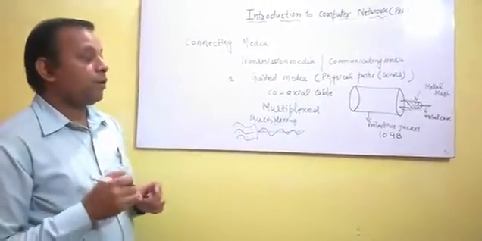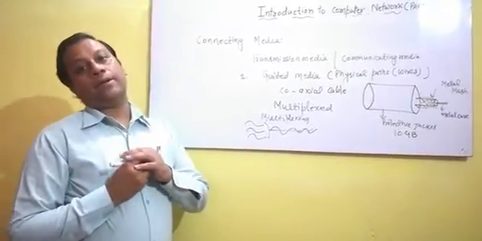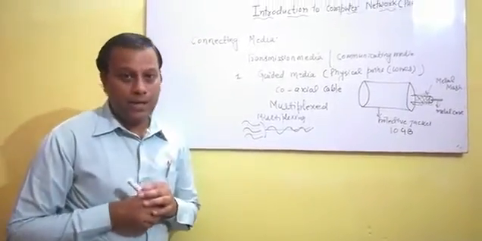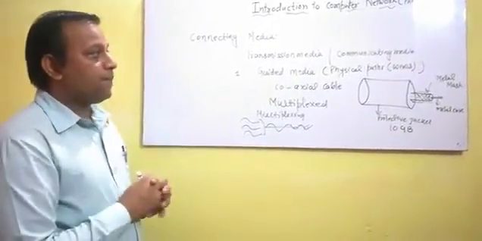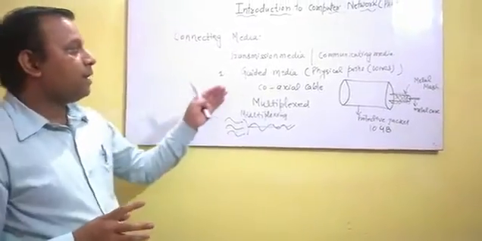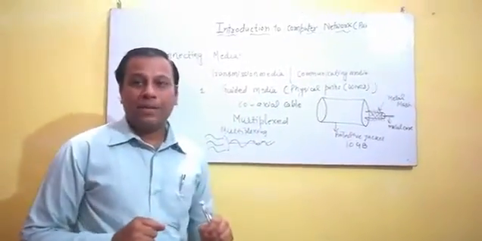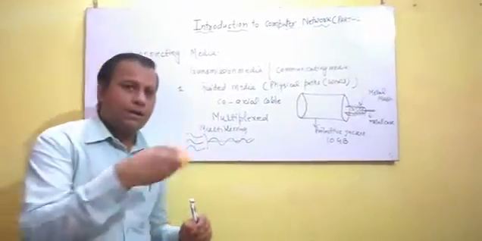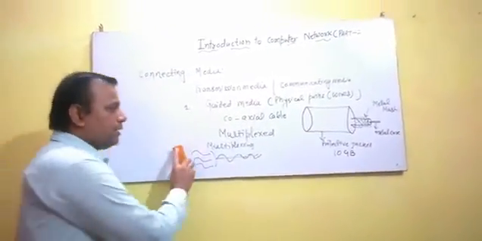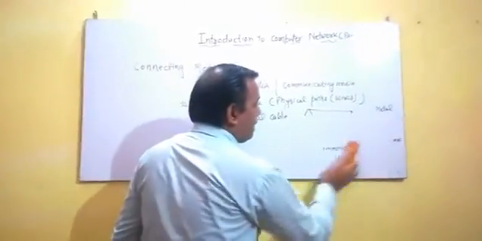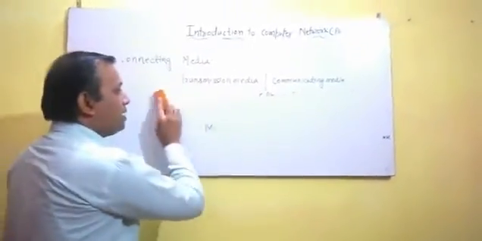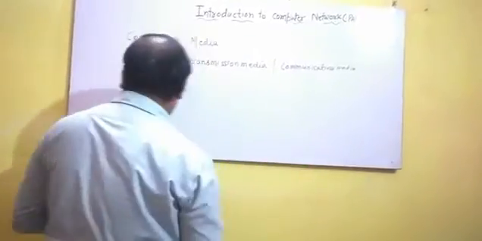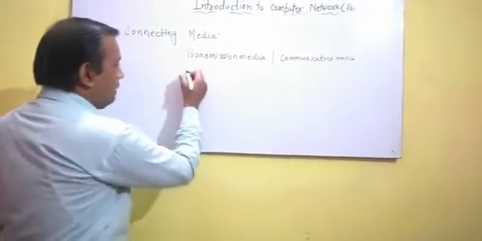Now, talking about the last and the most important connecting media, that is called optical cable or optical fiber. But before discussing this, do you have any idea where we see that type of media? Optical cables. I will tell you.